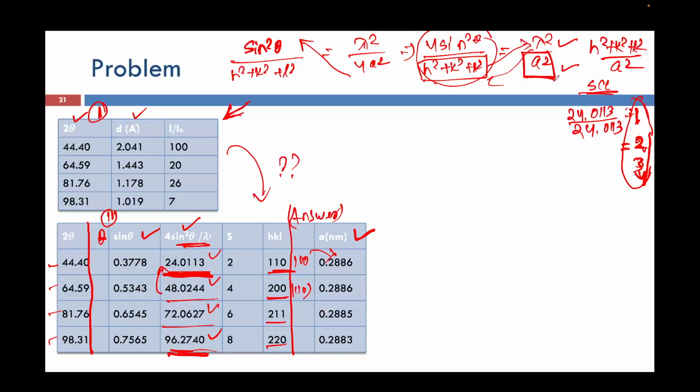Now that you know your a value is not constant, you have to do indexing again.